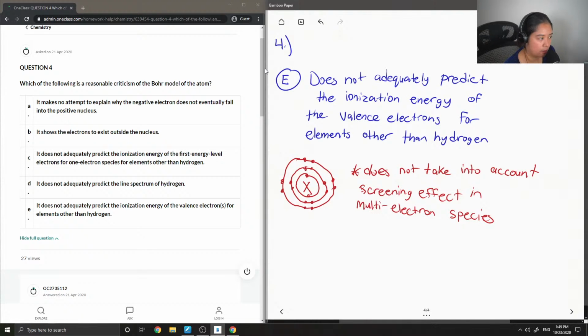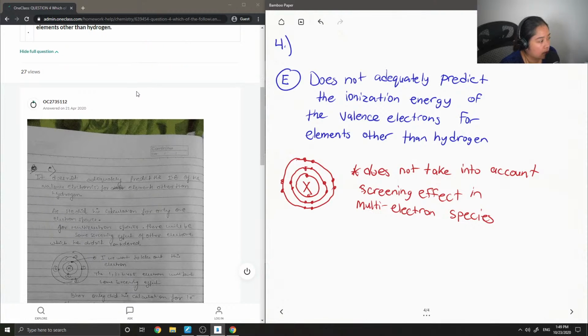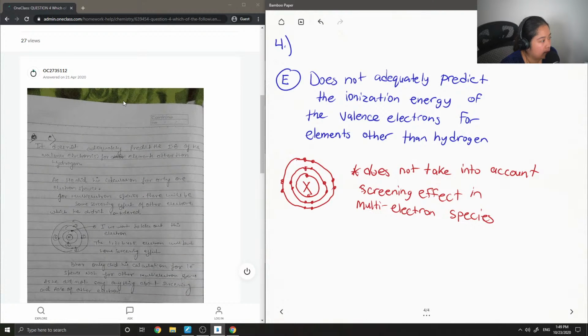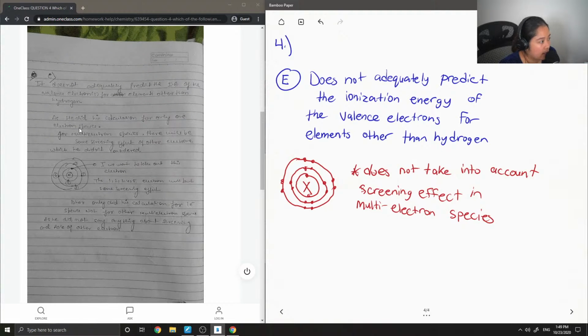Okay, so let's see the answer from our junior tutor. They also selected E. It doesn't adequately predict the ionization energy of the valence electrons for elements other than hydrogen, as he did his calculation for only one electron species. For multi-electron species, there will be some screening effect of other electrons, which he didn't consider.